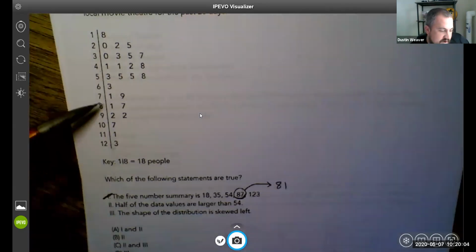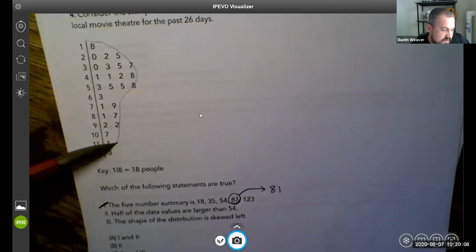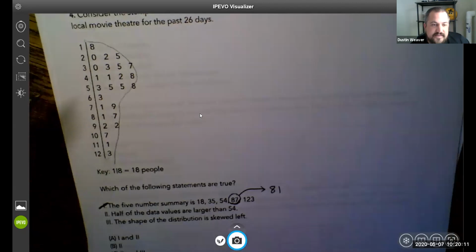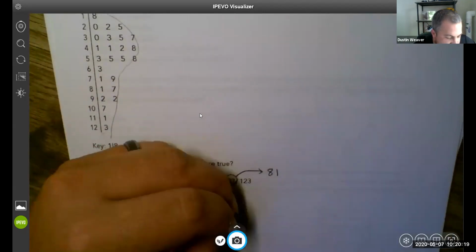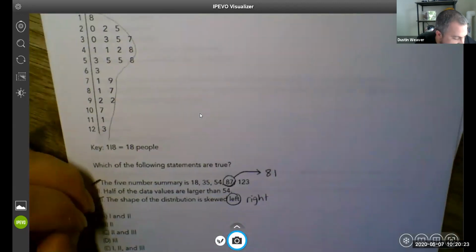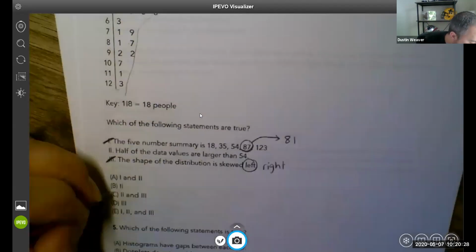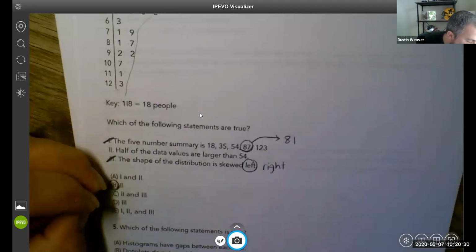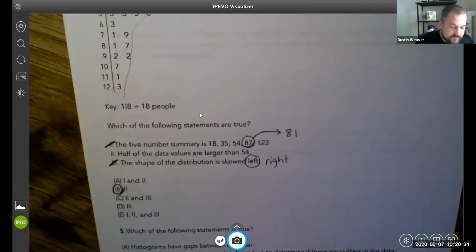So if you think about it on a number line, if the tail is towards the higher numbers, then it is skewed to the right, which would take off number 3. So number 2 is the only one that is correct, and we circle B. Half of the data values are larger than 54.